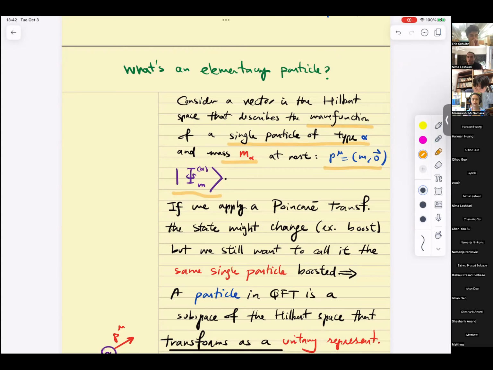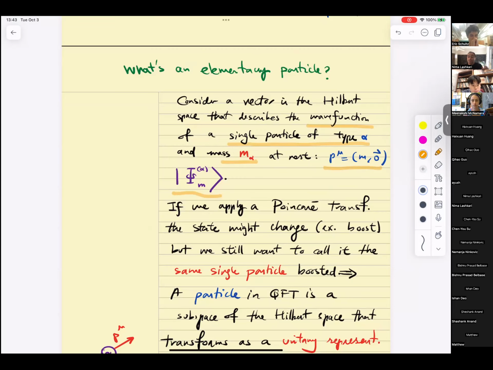There is no canonical meaning to where that particle is, right? Do you guys know why? Why is there no physical meaning associated with where the particle is?